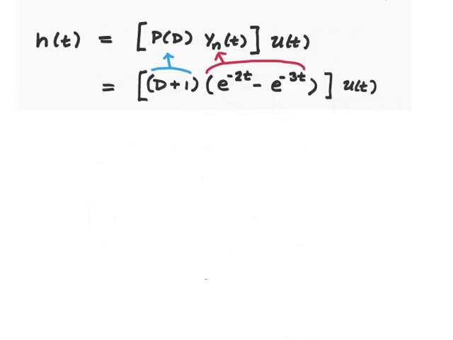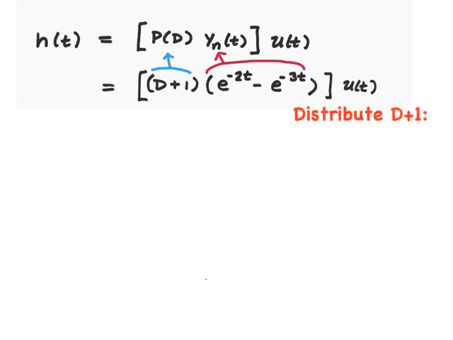Now yn is not h of t. We need to take yn and multiply it by the polynomial differential operator p of D. That was the polynomial differential operator that was multiplying x of t in our differential equation. So, in this case, p of D is D plus 1, and we apply that to yn of t, which is e to the minus 2t minus e to the minus 3t.